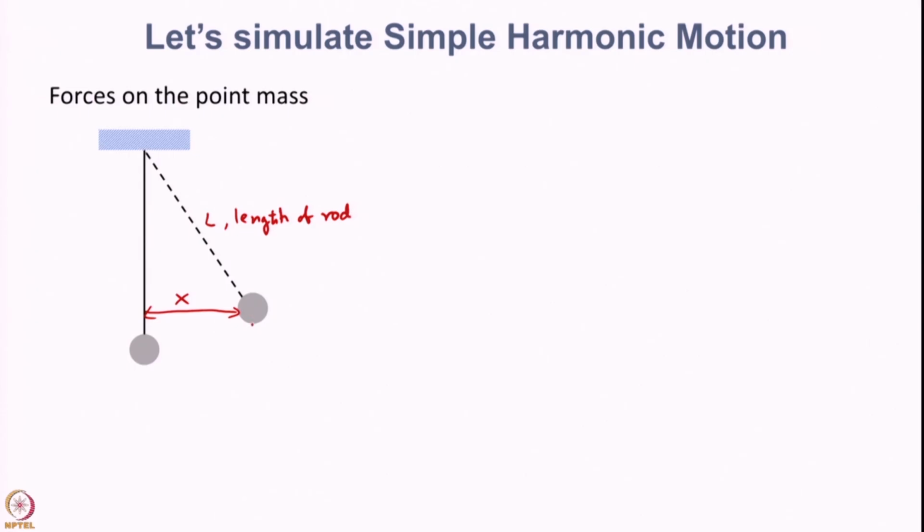Now, on this point mass we know that a force acts, which is nothing but the gravity G, and along the length of the rod we are going to have tension which acts up against the rod, and perpendicular to the tension we are going to have acceleration A. A is the acceleration, right.